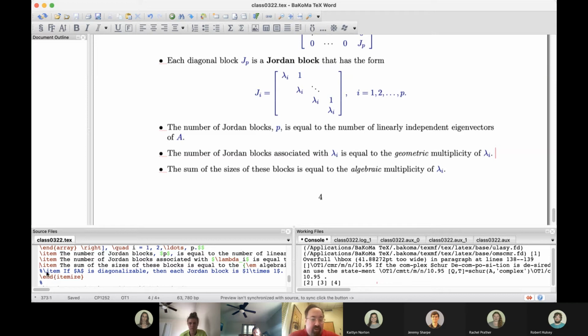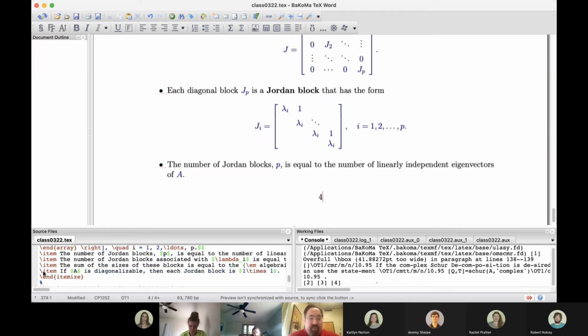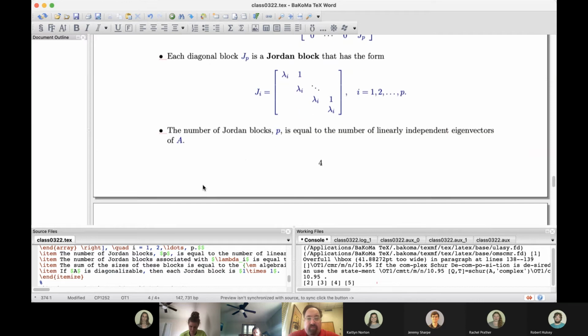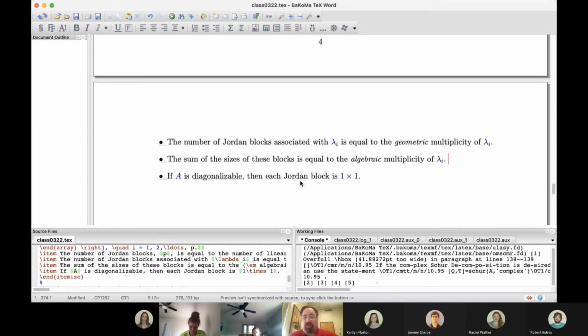And as I mentioned earlier, if A is diagonalizable, each Jordan block is 1 by 1. So diagonalization of a matrix, which gives you all of its linearly independent eigenvectors and eigenvalues, is a special case of a Jordan form where you only have these trivial Jordan blocks.